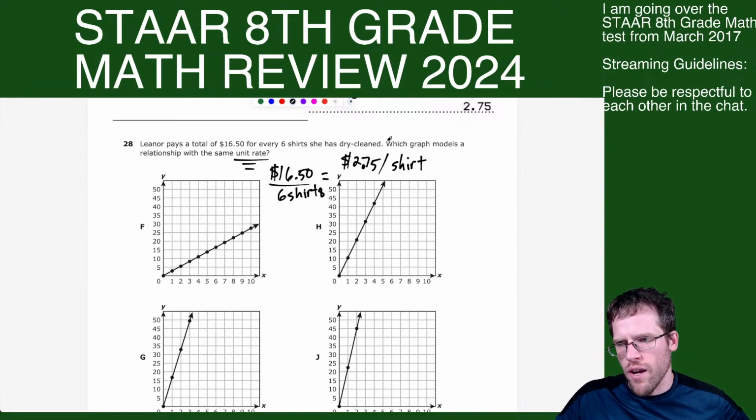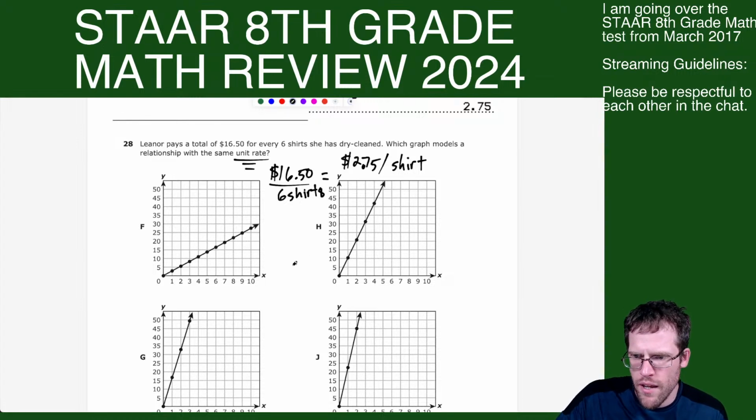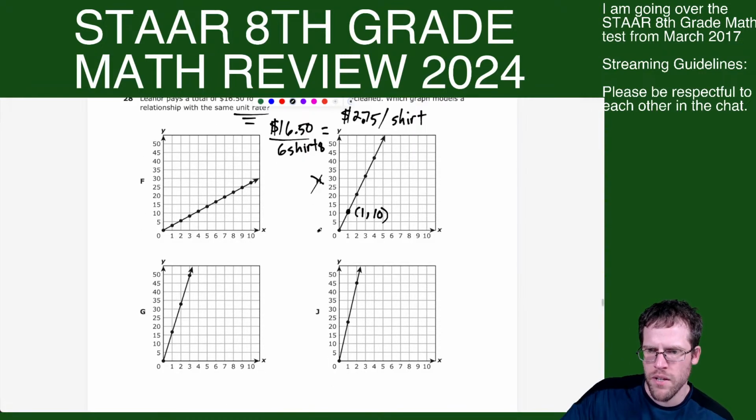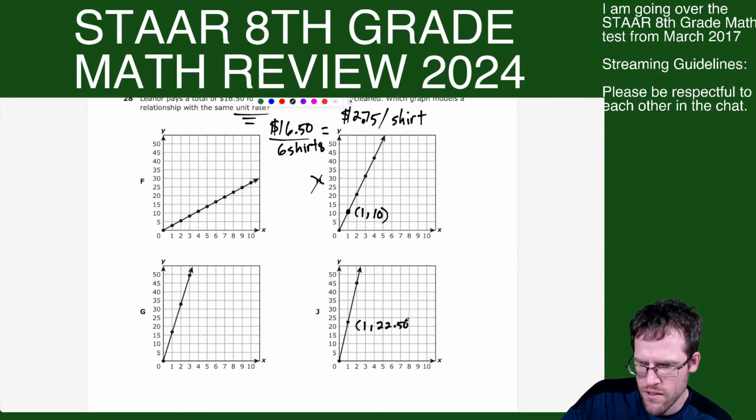So now I can just look at the graph here and see, all right, at x equals 1, this is saying 1 shirt, $10. Nope, it's $2.75 a shirt. So you're out. And I can just eliminate the others. This one is like, all right, 1 shirt, $22.50. See, that's where it lands on the y-axis. So nope, too high. This one, I'm sorry, 1 shirt is going to cost you like, let's say $16.